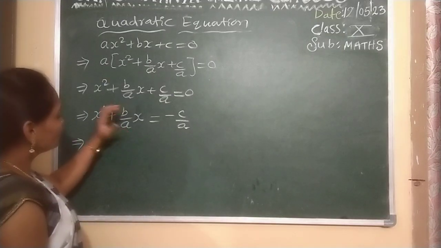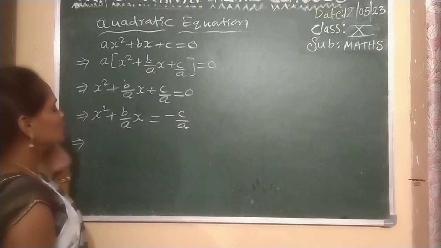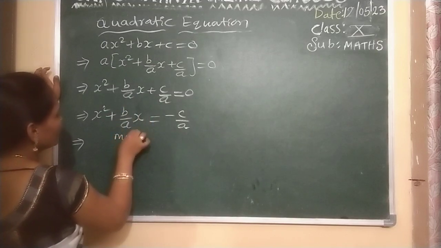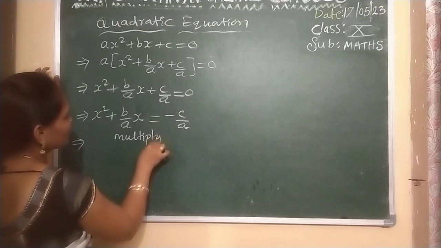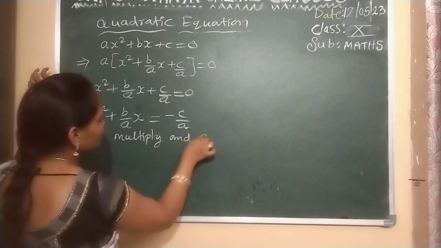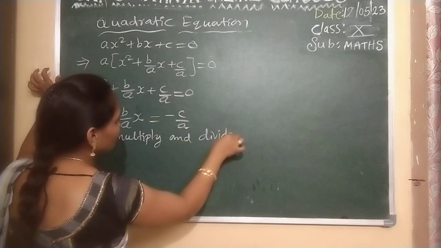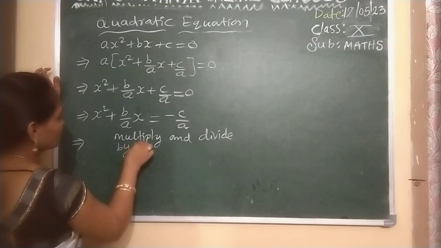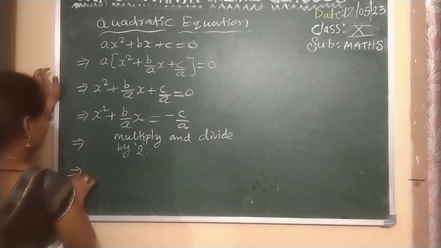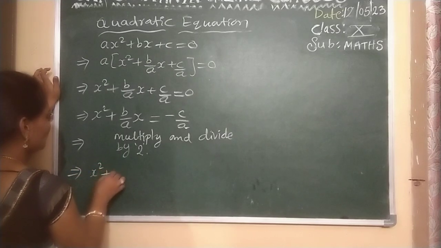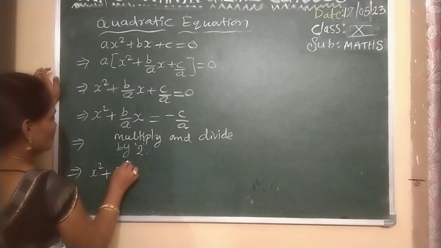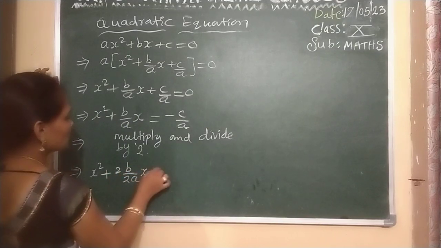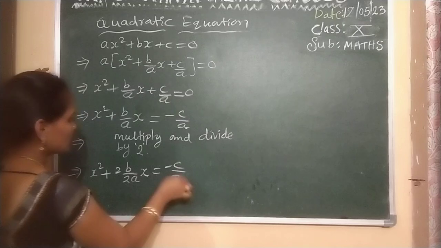For this term you can multiply and divide by 2, only for this term. Now it becomes x square plus 2b by 2a into x is equal to minus c by a.